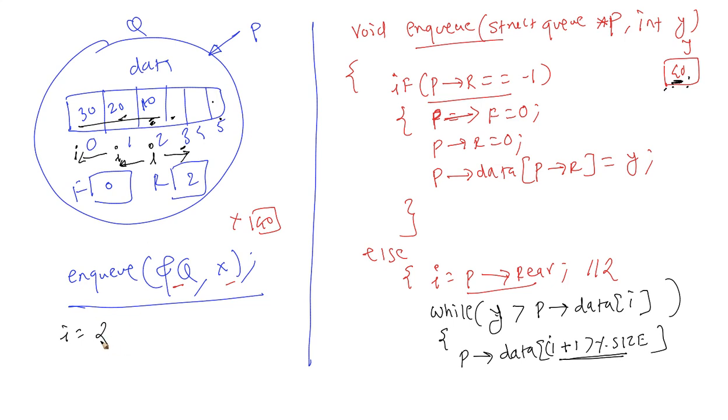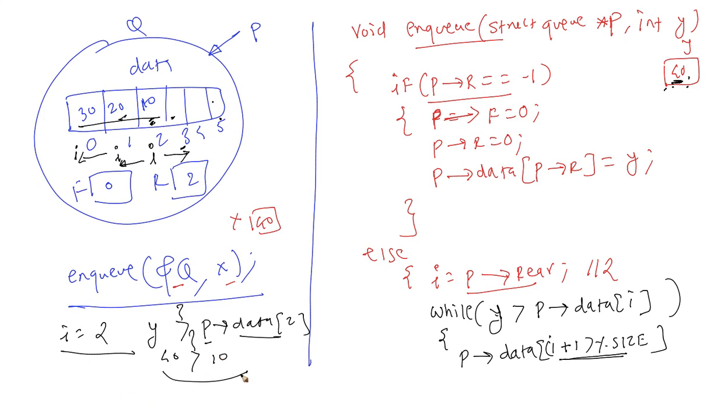So what I did, I compared: is y greater than p arrow data of 2? So y is 40, is 40 greater than p arrow data of 2? What is data of 2? Data of 2 is 10, right? Is 40 greater than 10?